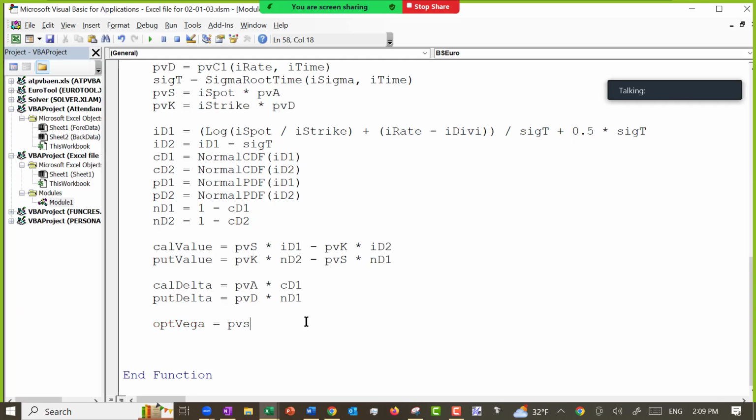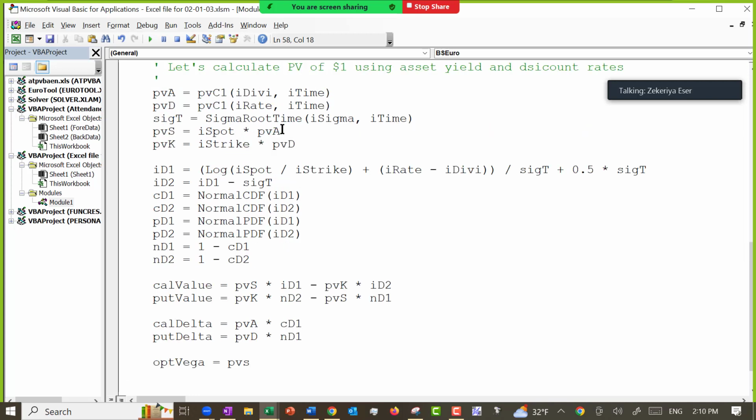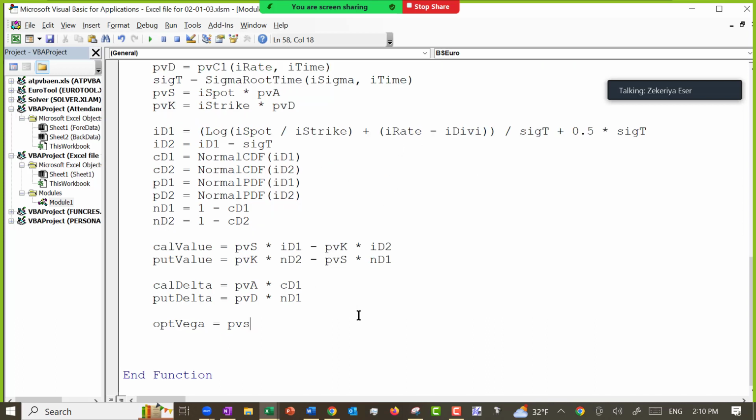Remember, PVS is present value of the current price using the asset yield as discount rate. PVS times PD1 times square root of time. Okay, we've done that part too.